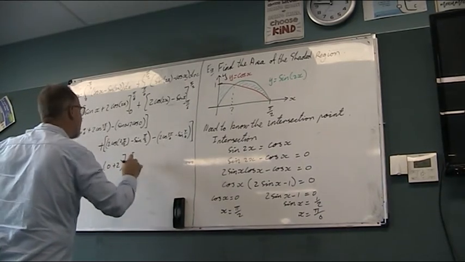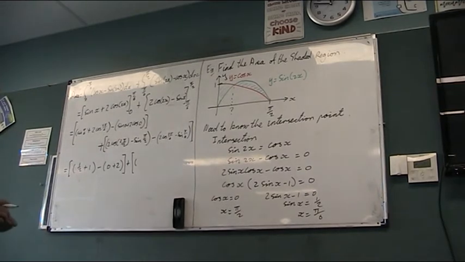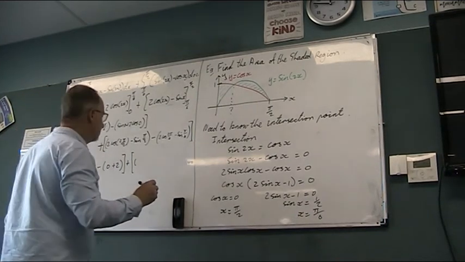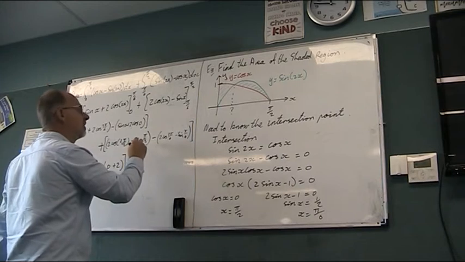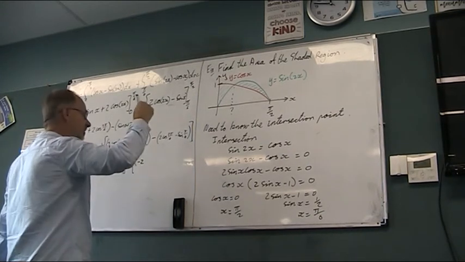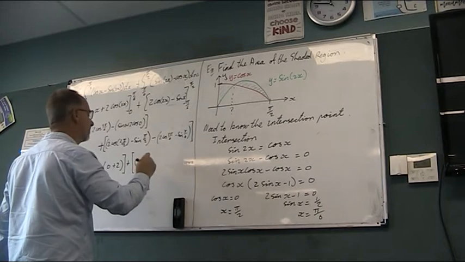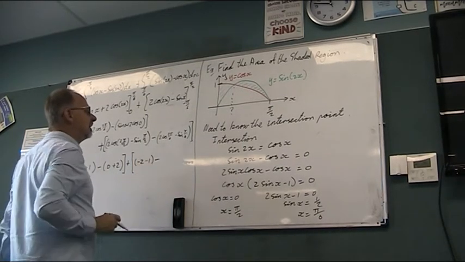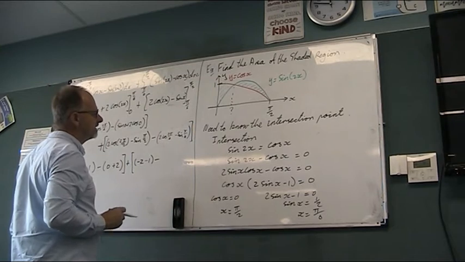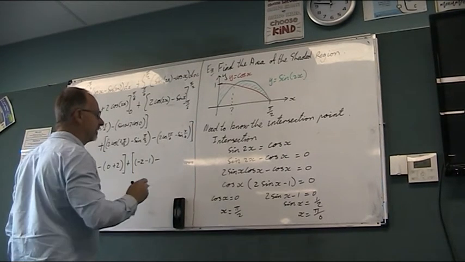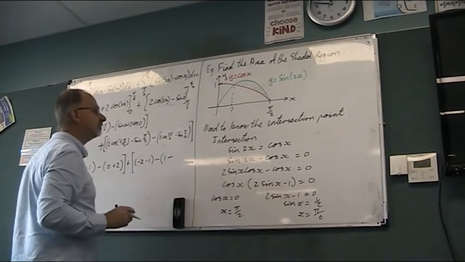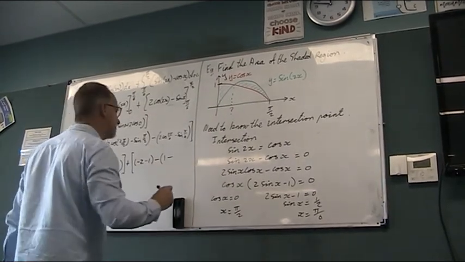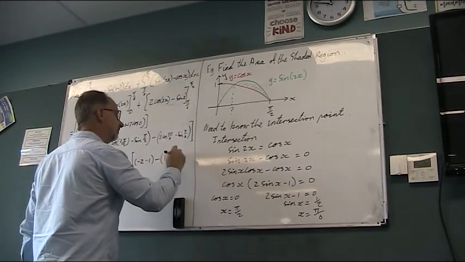Alright, then in the next one. 2 pi on 2, so that's pi, isn't it? Cos of pi is negative 1, times 2 is negative 2. Pi on 2, sine of pi on 2 is 1, so take another 1. 2 pi on 6, so pi on 3, the cos of pi on 3 is a half, times 2 is 1. And the sine of pi on 6 is a half.